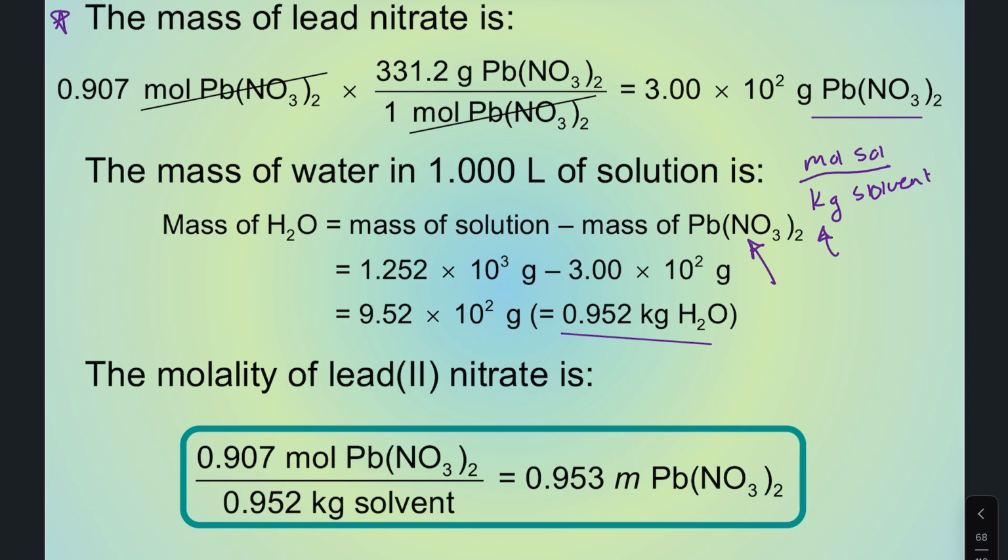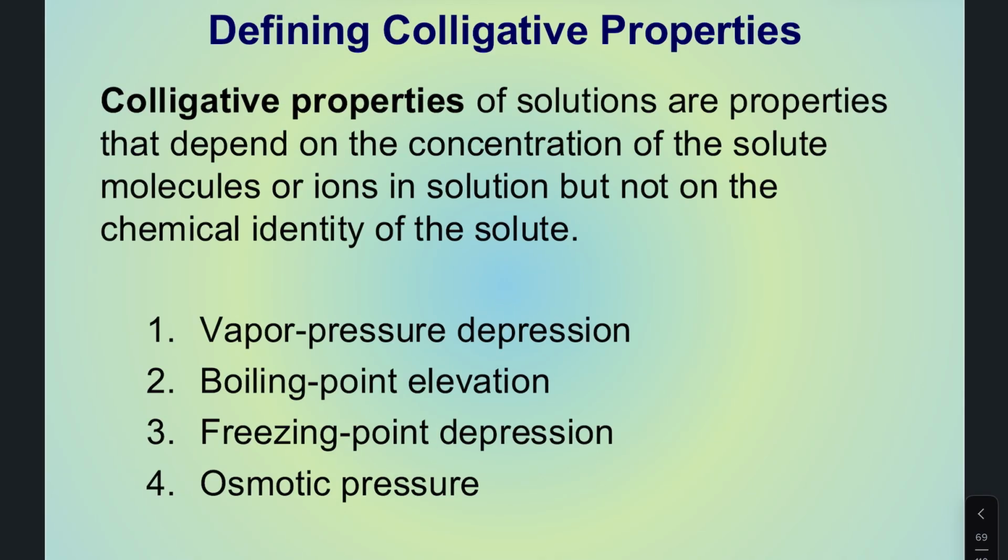We end up with 0.952 kilograms, and then we can take the moles of the solute and divide it by the kilograms of the solvent. We will end up getting 0.953 molal Pb(NO3)2.